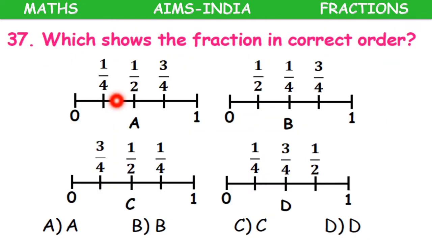Next, which shows the fractions in the correct order? Now what do we have here? 1 by 4, 1 by 2 and 3 by 4. These are our three fractions represented on a number line, children.